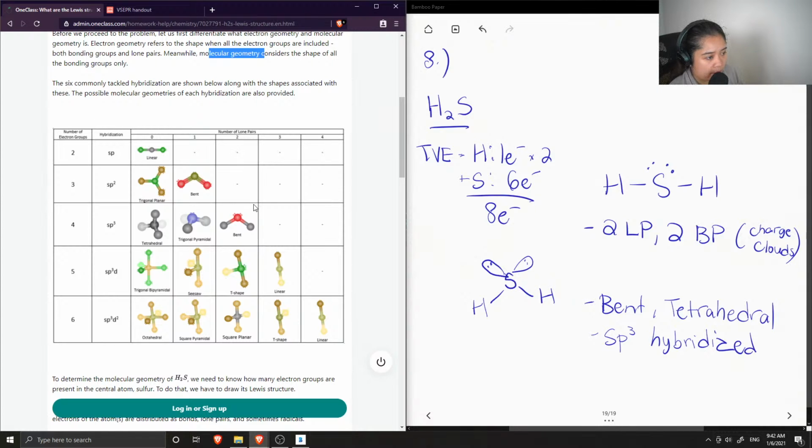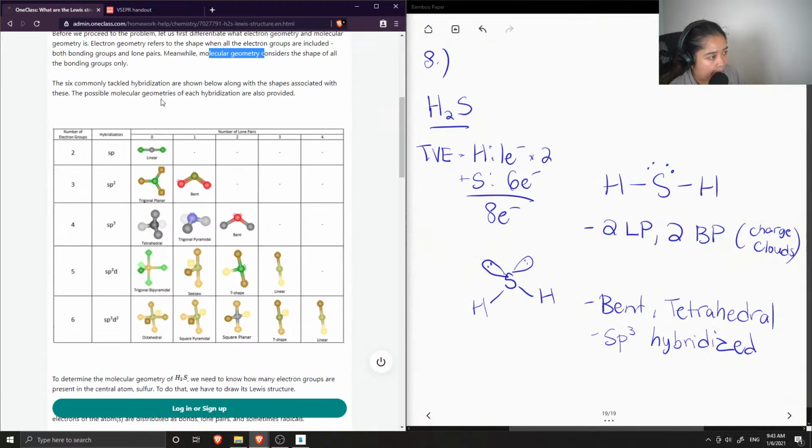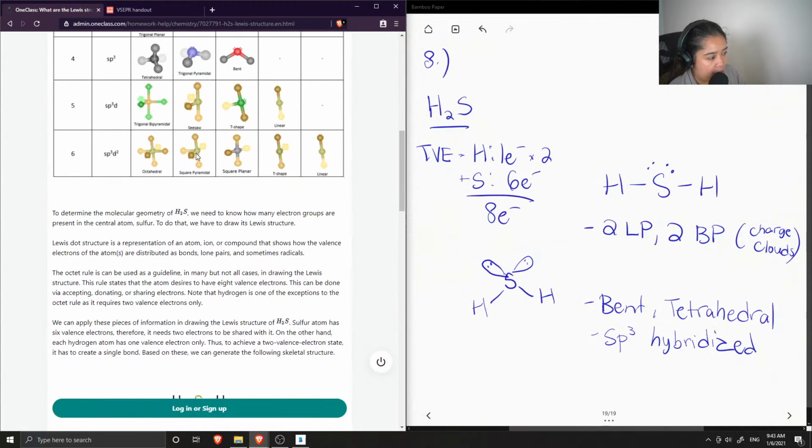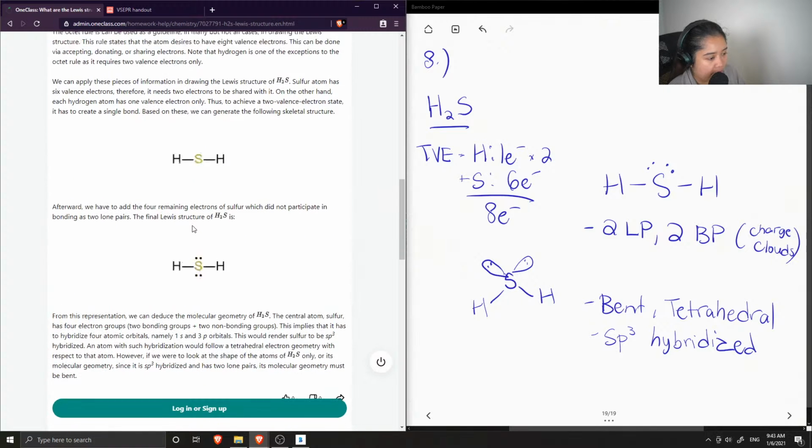So this is why we have both bent and tetrahedral. The bent shows how the 2 hydrogens are bent, and tetrahedral shows how all of the electron groups, even the lone pairs, are involved, and they can form a tetrahedral shape. Okay, so they have their table. And they also draw out the Lewis structure.